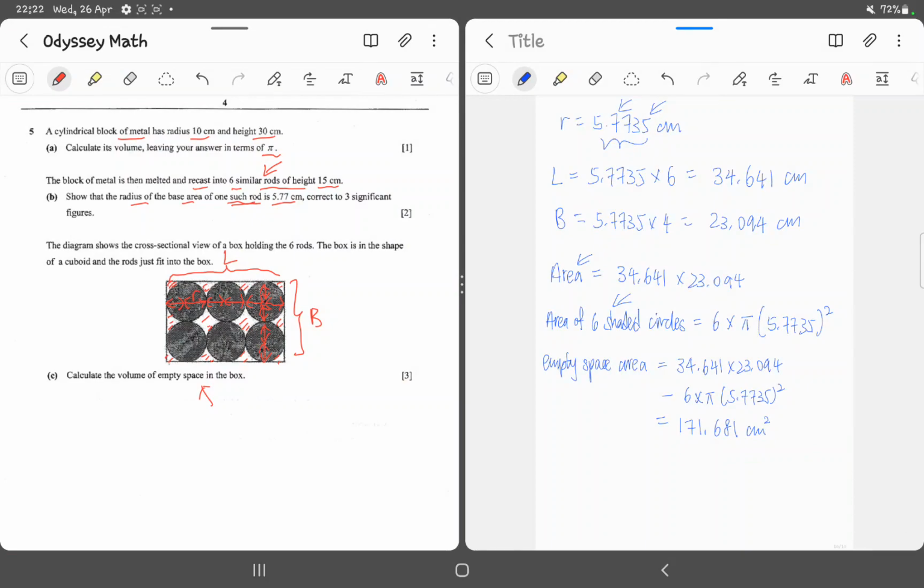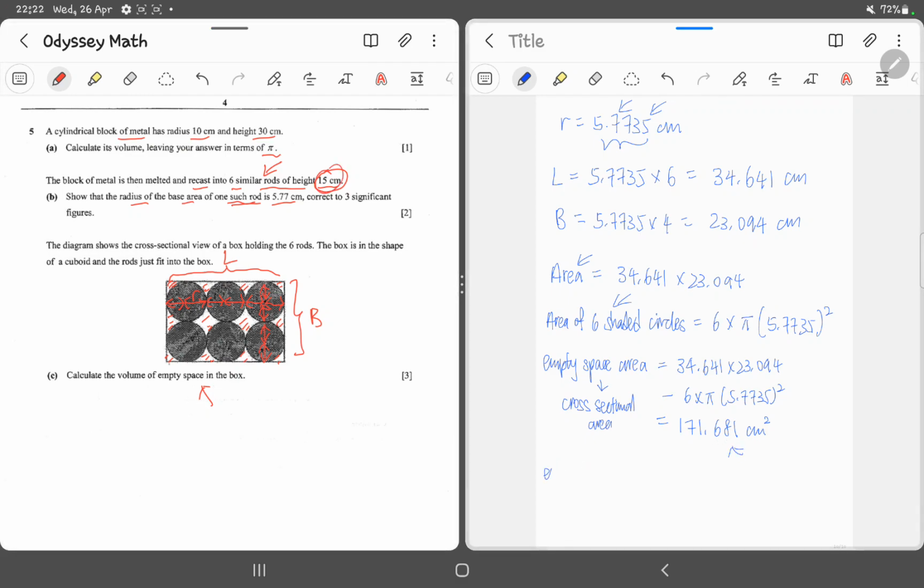Now we know the empty space area, and we know that the height is 15 cm for each rod. So we can take this empty space area, which you can think of as the cross-sectional area, and multiply this area with the height of the rod.